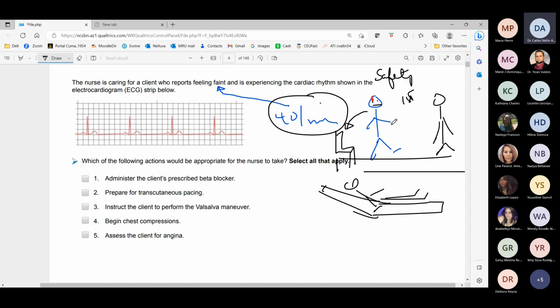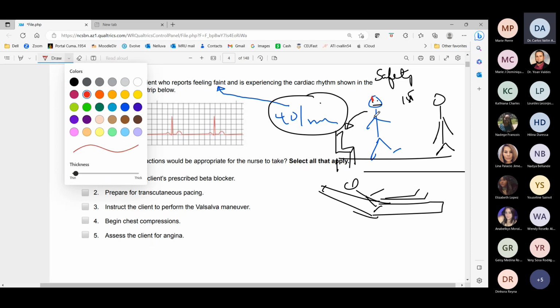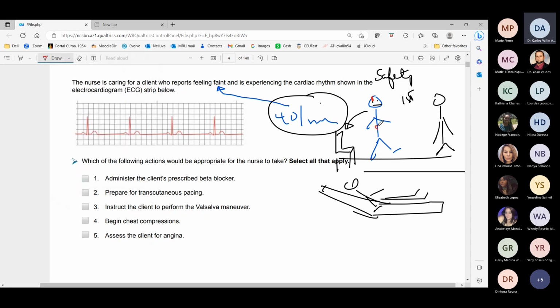When he's standing, the heart must pump the blood to the brain against gravity. Gravity is pulling down, so it's more difficult for the heart, having this bradycardia, to irrigate the brain with blood and oxygen in a standing position than sitting or recumbent. So please have that.